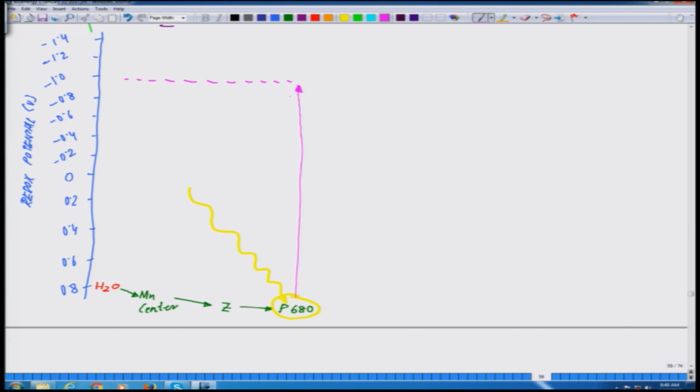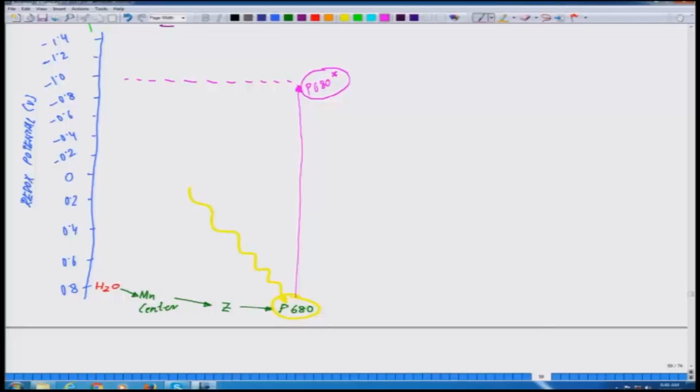So, this is where the P680 excited state electron chlorophylls are sitting. So, light falls on the chlorophyll molecules at P680 at photosystem II, and the electron is ejected. This electron moves all the way to a redox potential of -1 volt. Okay. So, it has already shot up.